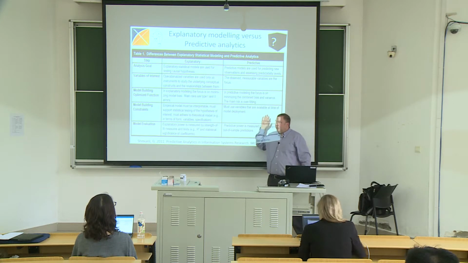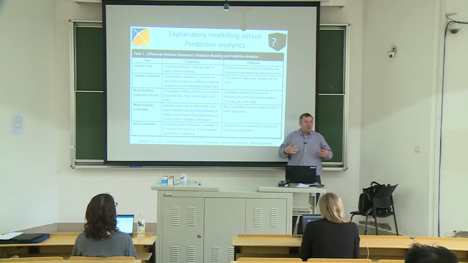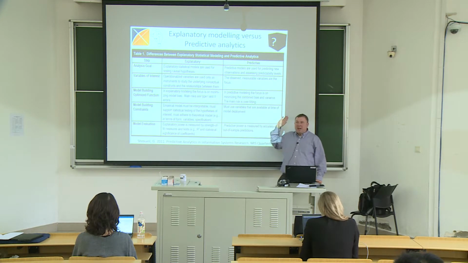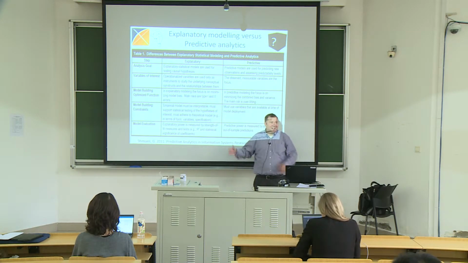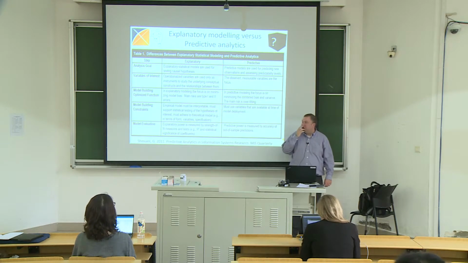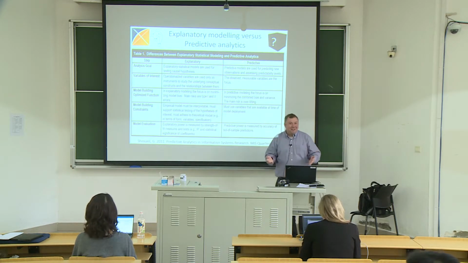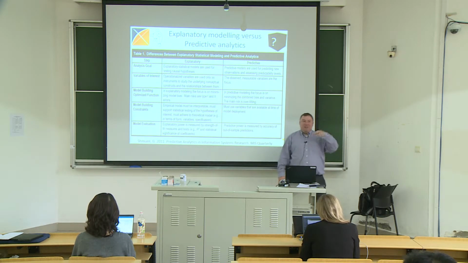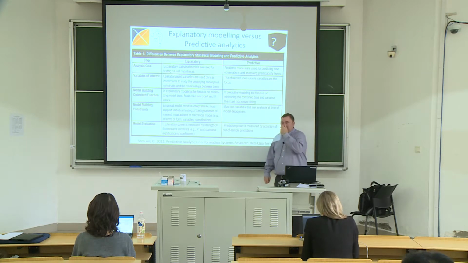But in prediction, I don't need to decide what variables I want to look at. I told you that in prediction, we can use everything in someone's medical history to try to predict their future. So I don't have to tell the prediction which variables I think might predict the outcome. The data can tell me what things predict that future outcome.